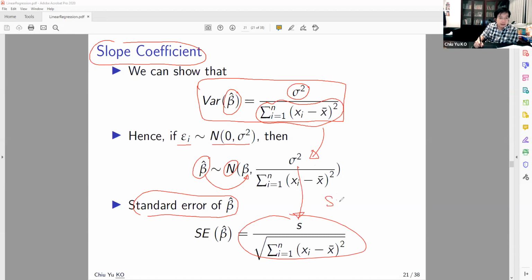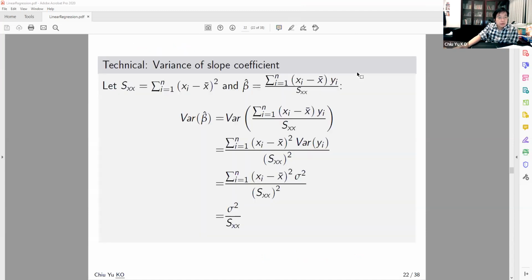Remember S is just summing all the errors over n minus 2, then taking a square root, right? So just make sure you remember this. So now what we want to do is to prove exactly this beta hat guy. Okay, let's prove it.